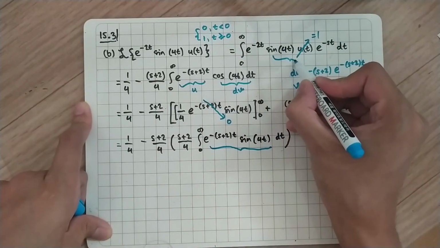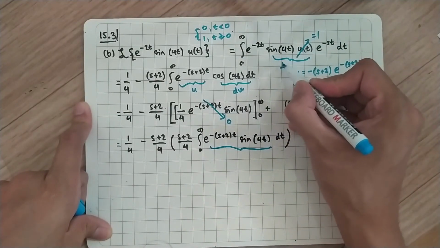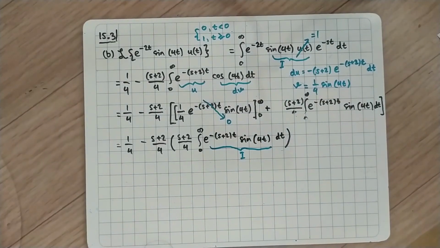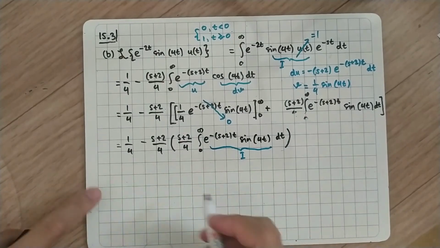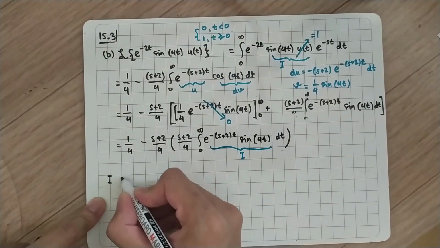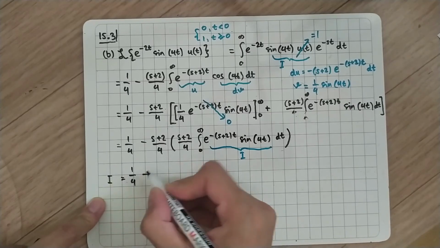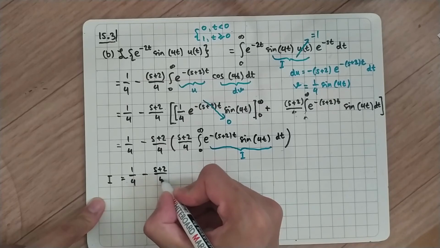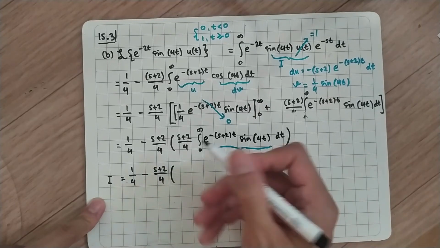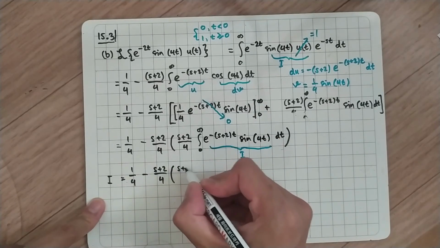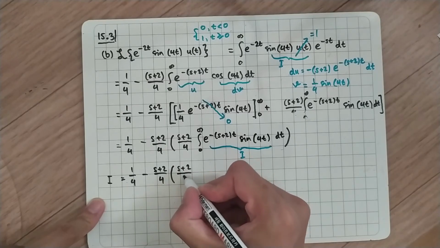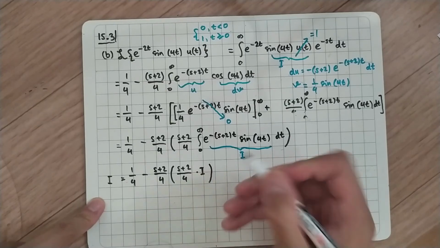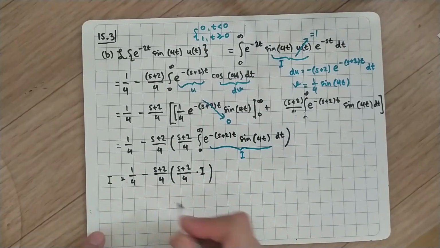So if we name this I, this will also be I, and so our equation becomes I is equal to 1/4 minus (s plus 2)/4 multiplied by (s plus 2)/4 times I. Okay, now let's multiply all of this.